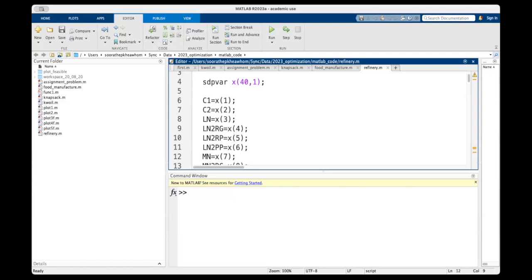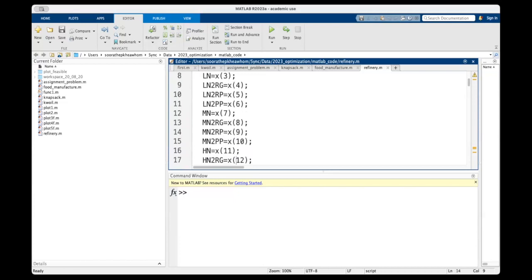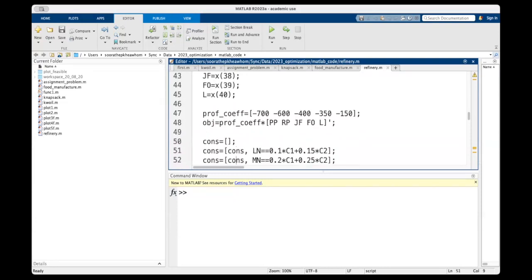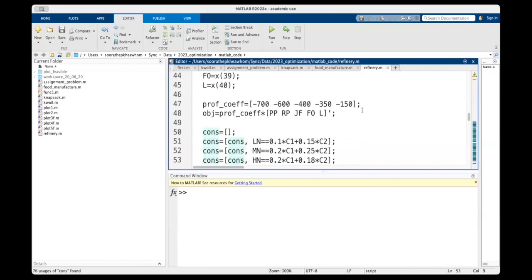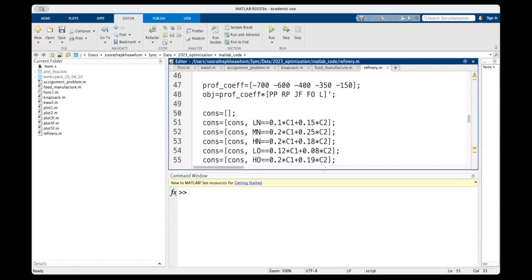I declare each variable first. And from now on, actually you can declare each variable as SDPVAR, R2L and so on, but it's tedious. So this finishes the first expression, the objective function, and then we move to the constraints.